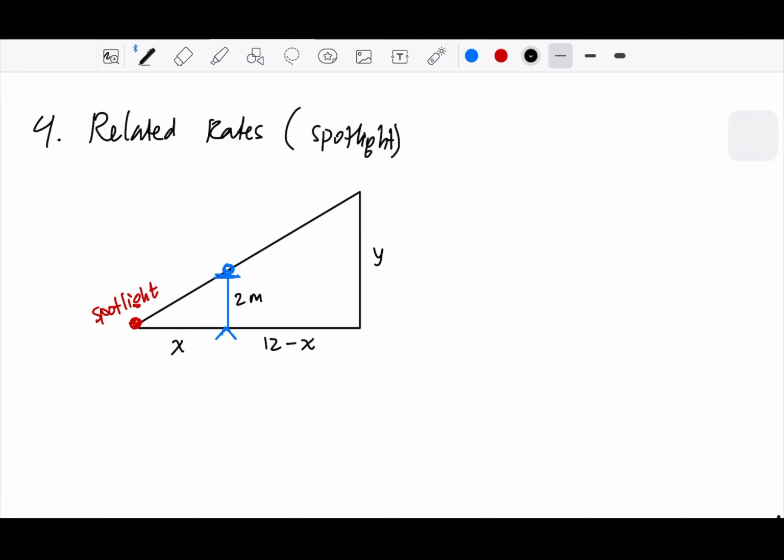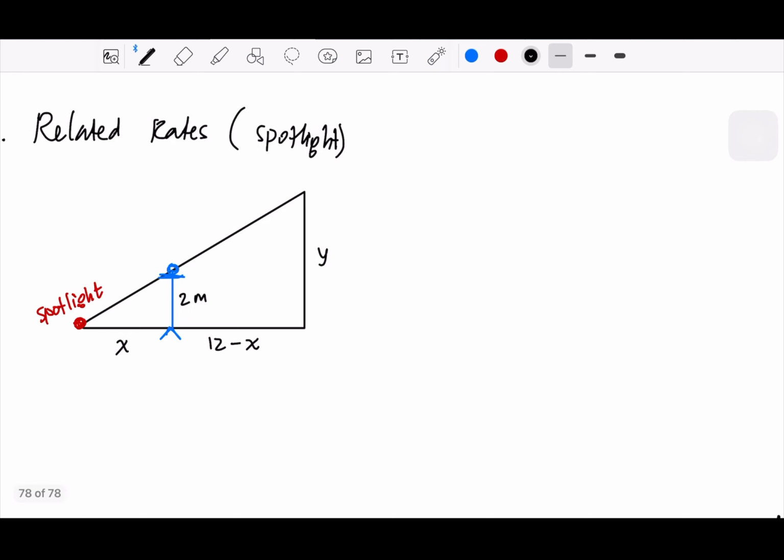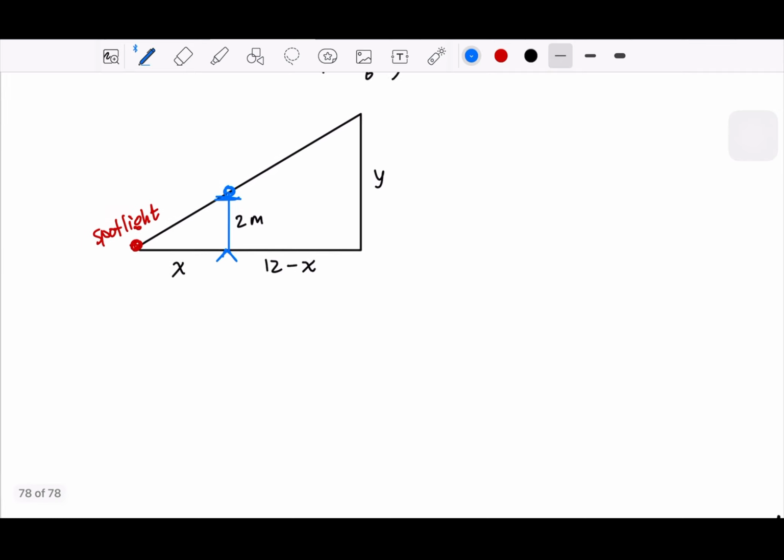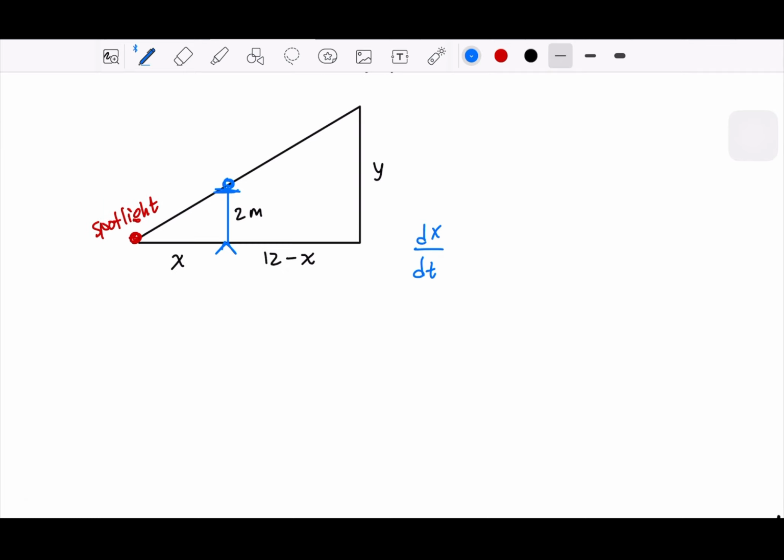So which means that it's actually this one, because the shadow is supposed to be cast that way. So first is finding the relations. Let me go through the information. The information is dx/dt is 1.6. And the relation from the triangle: y over 12.